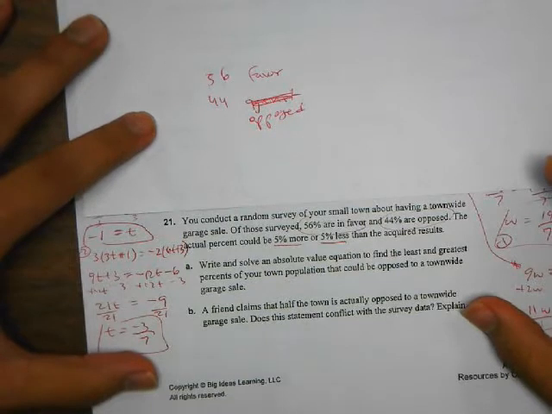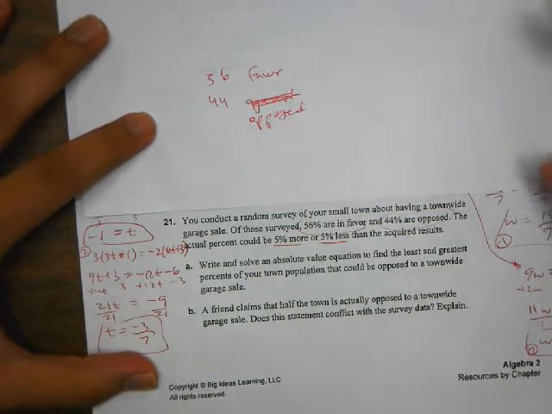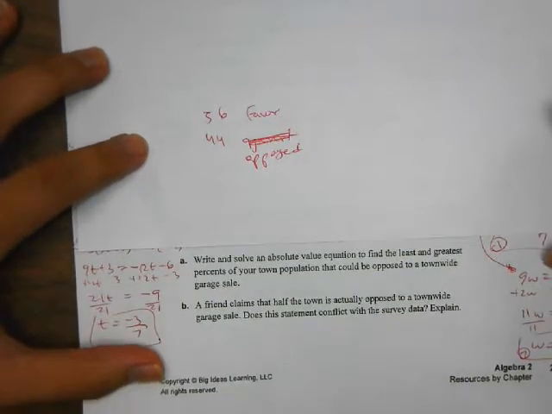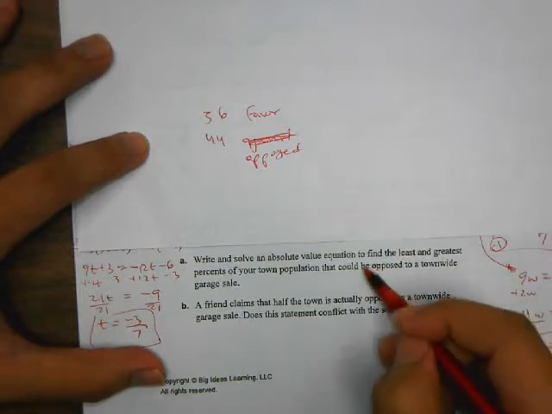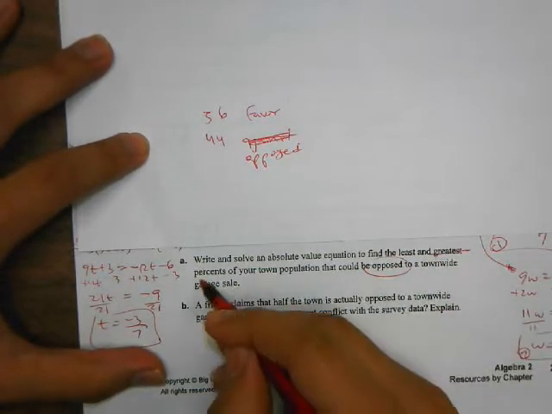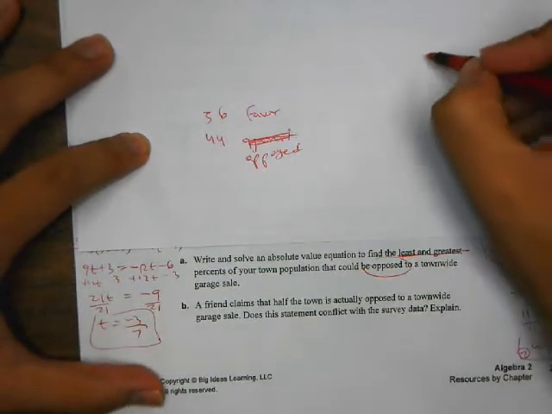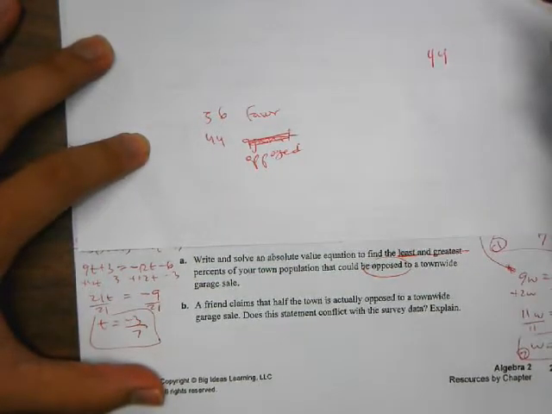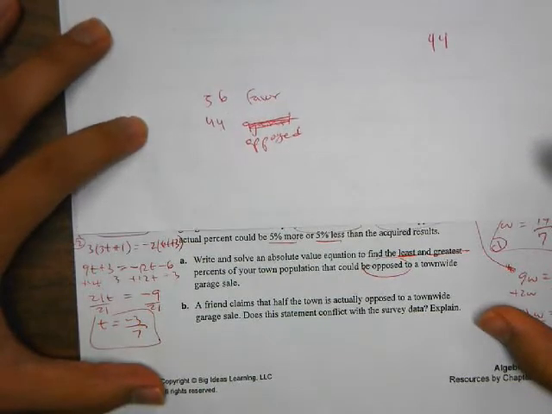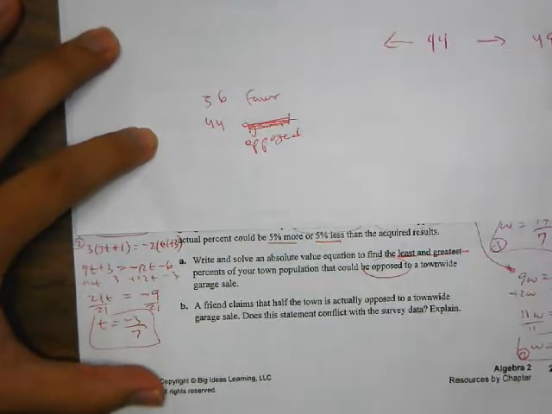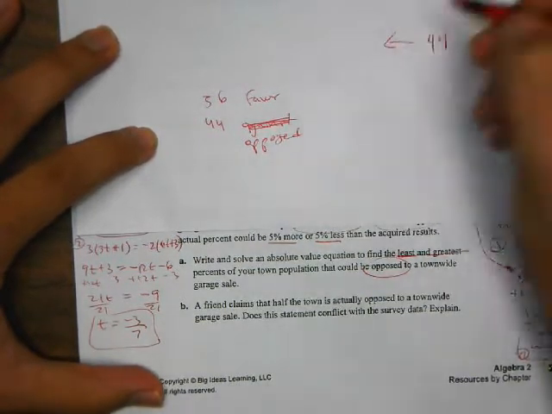So let's see what they're asking us for. Part A reads, write and solve an absolute value equation to find the least and greatest percent of your town population that were opposed. So we're looking for the greatest and the least for the opposed. For the opposed, it was 44. So it says that it can range from 5% more or 5% less. So if I go out this way 5 more, it's 49. And if I go out 5 less, I should get 39%.